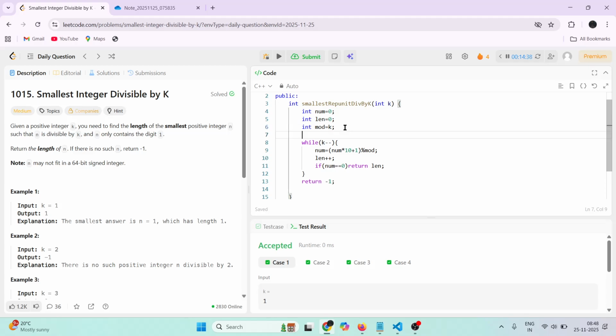So we can just add a check to escape: if k modulus 2 equals 0, that means k is divisible by 2, so it can't be found, or k modulus 5 equals 0, then this is going to return -1.